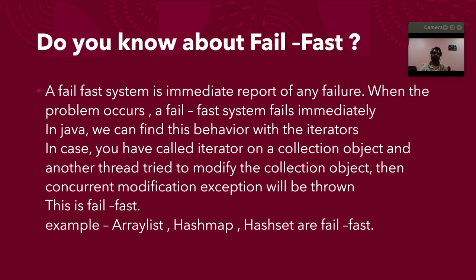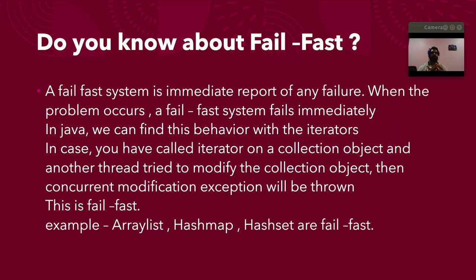A fail fast system is an immediate report of any failure when a problem occurs. A fail fast system fails immediately in Java, and we can find this behavior with the iterator. Let's say we are iterating a collection with the iterator.